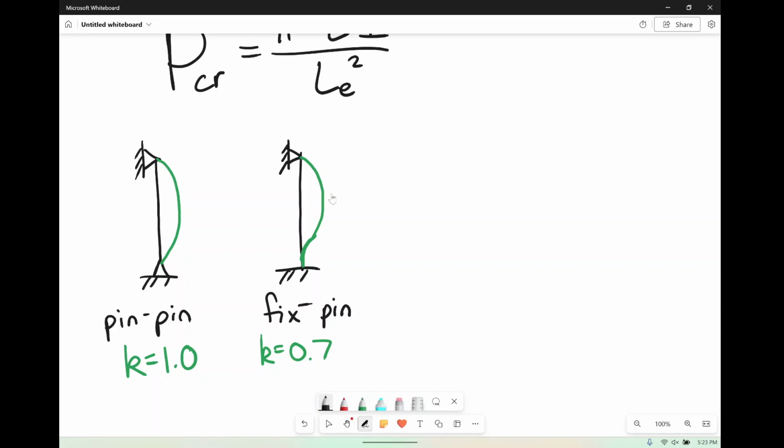If you have a fixed column, it's going to be kind of straight at both ends, and then it's going to kind of curve. And that one's only going to be about half the size, so this K value is 0.5.